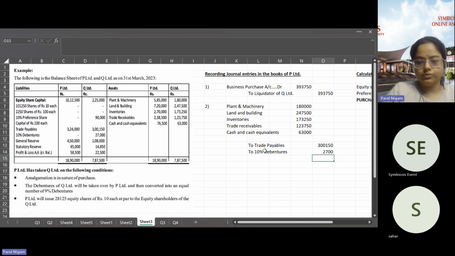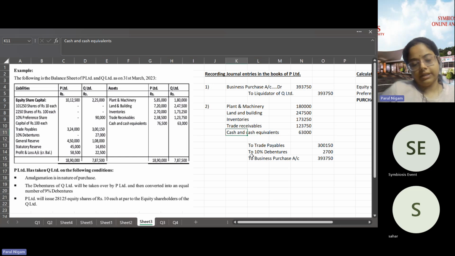So these assets and liabilities will be there, and we are going to record the purchase consideration. We usually record our purchase consideration on the credit side, because initially we have debited it. So definitely we are going to credit business purchase account, 3,93,750. Now we see what the difference is.